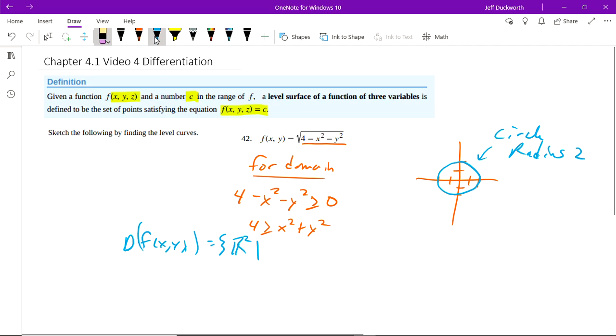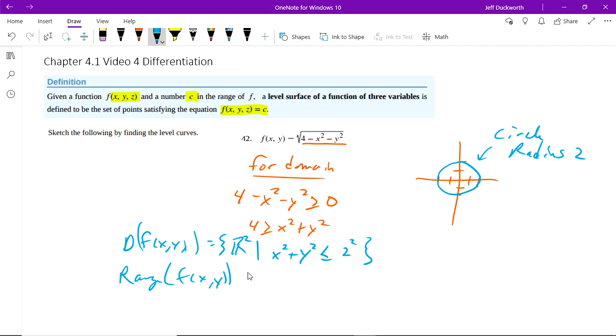But we can just take x squared plus y squared is less than or equal to 2 squared. And that makes our range of this function anywhere between 0 and 2. We can take any values between 0 and 2 on this.